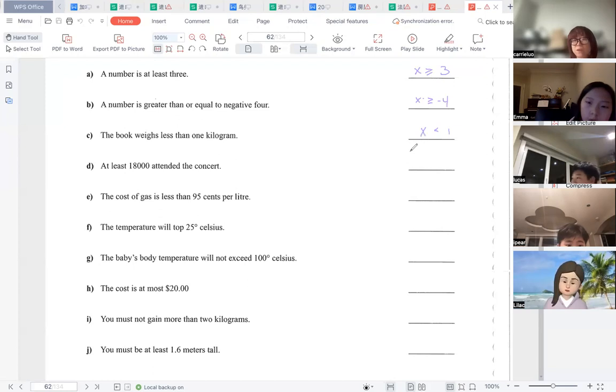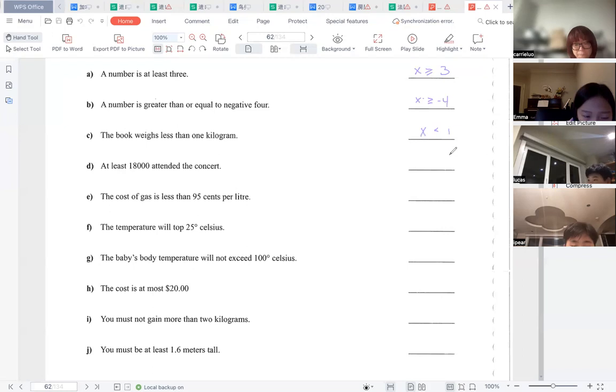X is smaller than 1. That's enough. Okay, no 1 kg. At least 18,000 attended the concert. X is bigger or equal to 18,000. Bigger or equals to 18,000. Very good. Okay, number E.